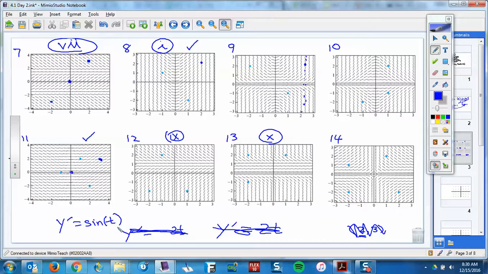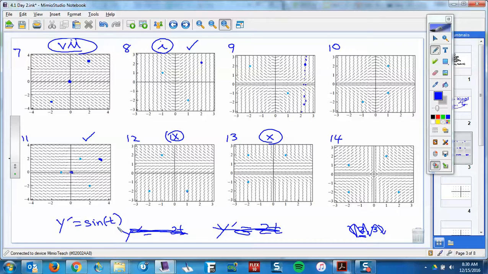I'm putting a 3 in for x, which would be right here. So let's call it pi, 3.1. Sine of pi is 0. So the slope should be 0. Right?